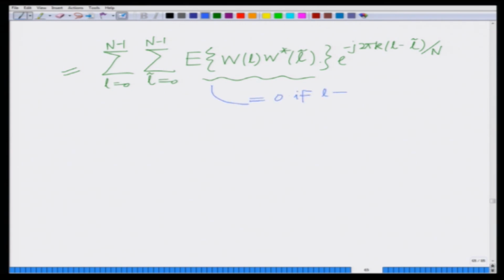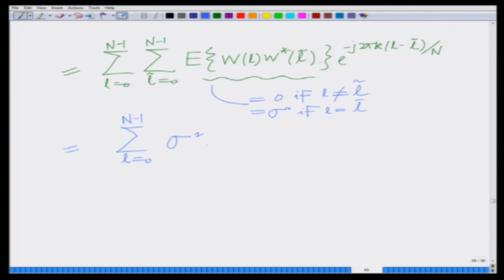and this is equal to 0 if l is not equal to l tilde. If l is equal to l tilde, we have the expected value of w(l) w conjugate l, which is the expected value of magnitude w(l) square, which is sigma square. So, this is equal to sigma square if l equals l tilde. So, it only survives if l is equal to l tilde, at which point this is the summation over l equal to 0 to n minus 1 of sigma square, and of course e to the power of minus j 2 pi k (l minus l tilde).